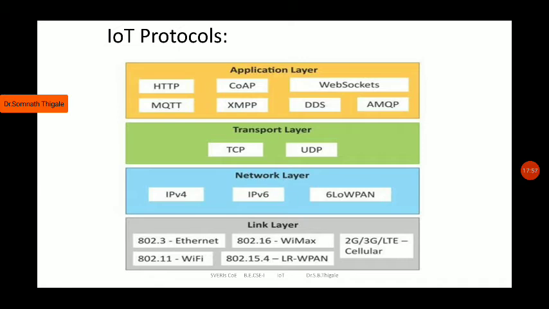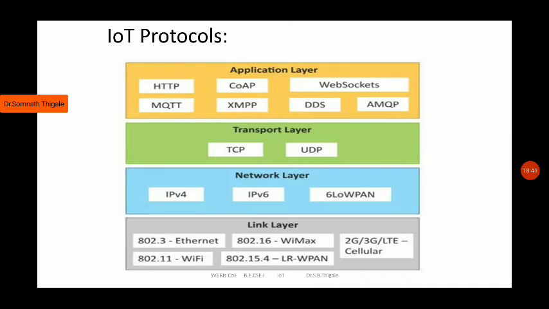XMPP was originally developed in the Jabber open source community, and the purpose was to have an open decentralized alternative to closed instant messaging services. XMPP offers various advantages like open, standard, proven, and decentralized, and the most important part, it is a secure protocol. It is used basically for real-time communication and streaming XML data between network entities.